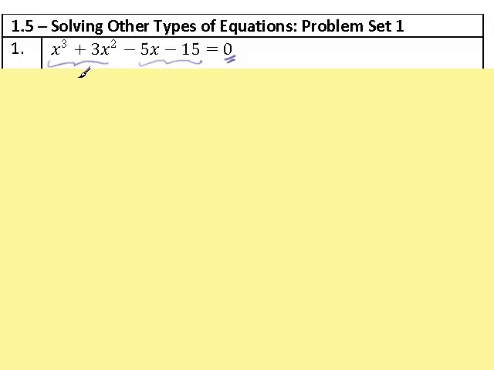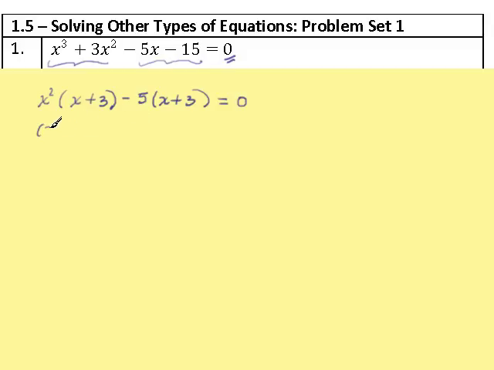So in this group we have a common factor of x squared. And when we pull that out, we're left with x plus 3. And here we have a common factor of minus 5. And when we pull that out, we are also left with x plus 3. So when we do factoring by grouping and we're left with the same thing in parentheses in each group, then we can pull out the entire set of parentheses.